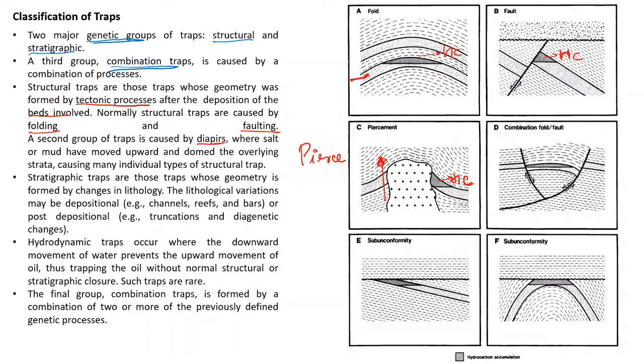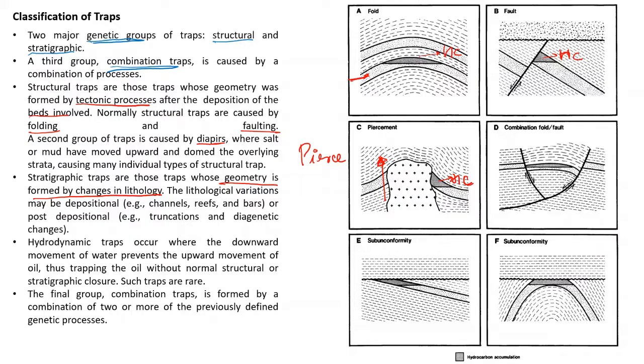Now, remember this, that structural traps are formed by tectonic processes. Their geometry is formed by post-depositional tectonic processes. But for stratigraphic traps, the geometry is formed by changes in lithology. When we talk about stratigraphic traps, the most common stratigraphic traps are unconformities.